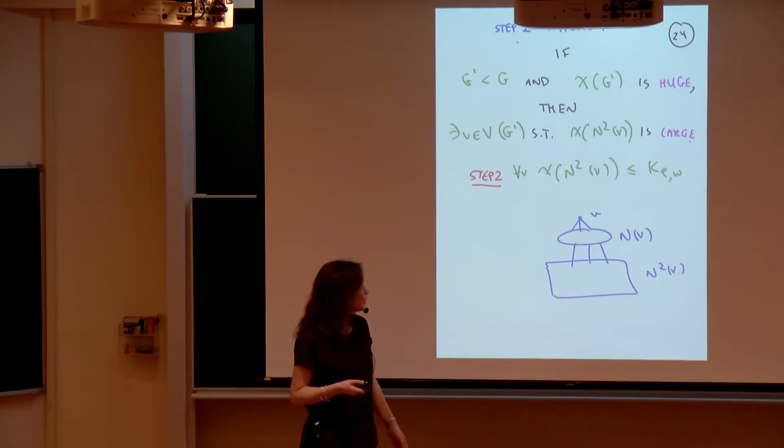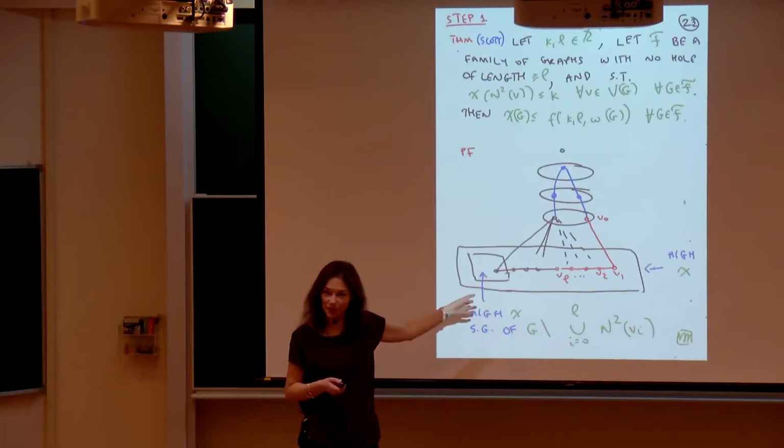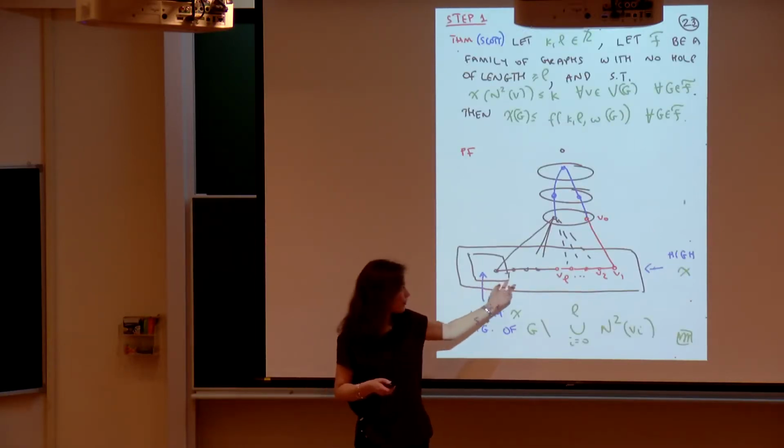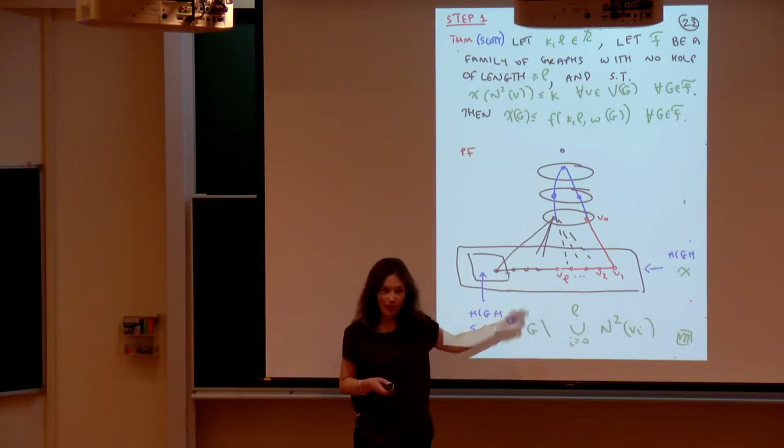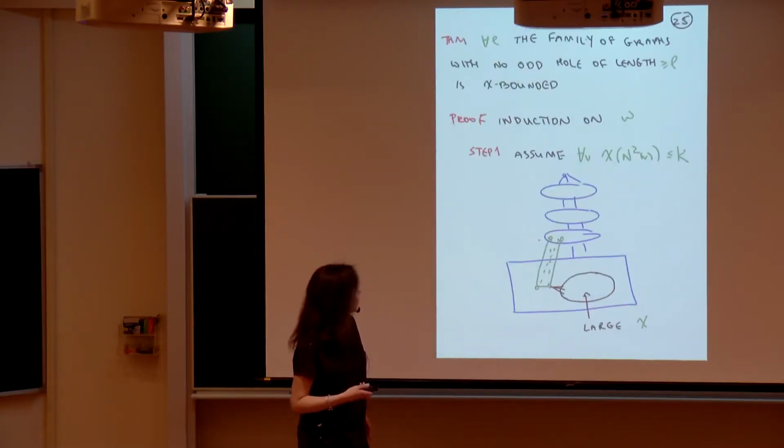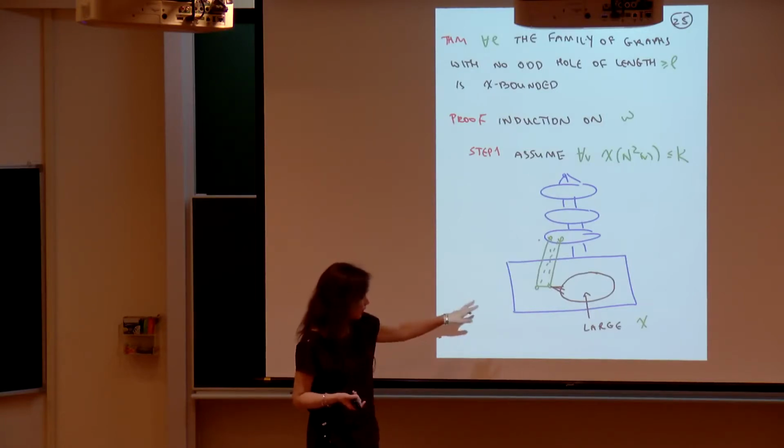If you're doing long odd holes, you need to modify this step a bit because you don't have control over the parity of the length of this hole. It's just long. But you can, and it's actually not incredibly hard. I'm not going to show you details of that. But what you can arrange is that you have a picture.